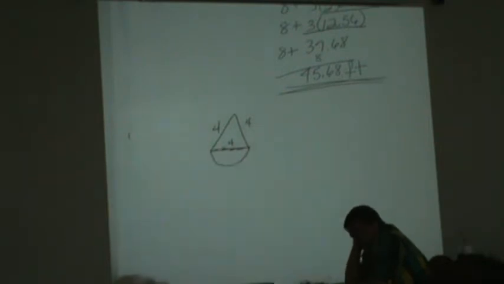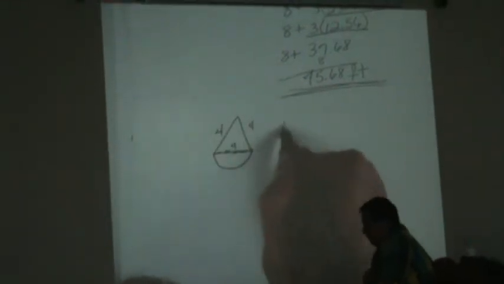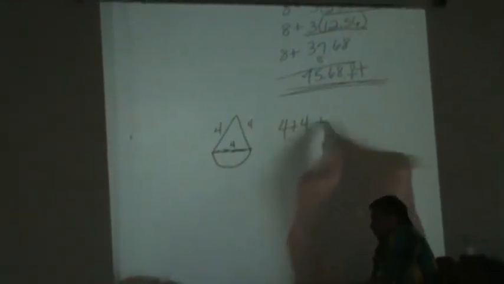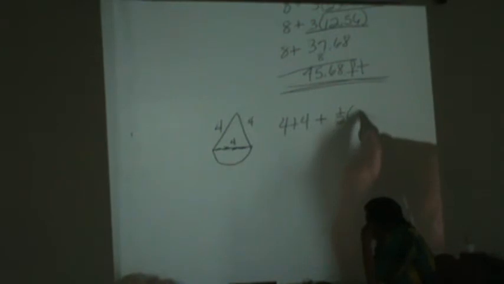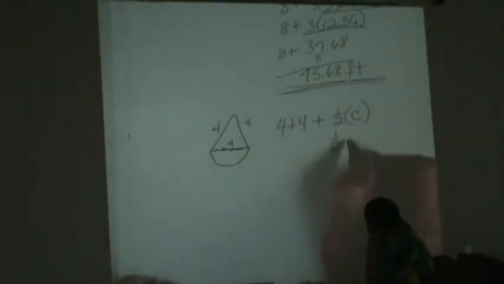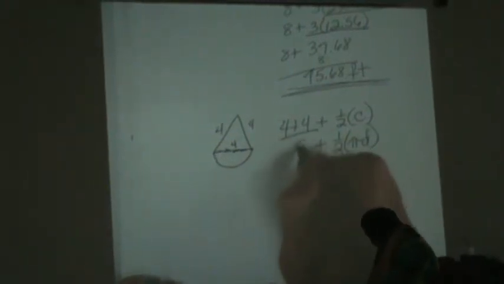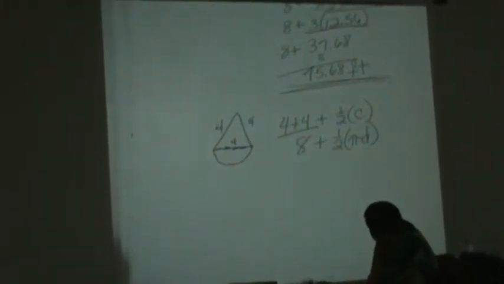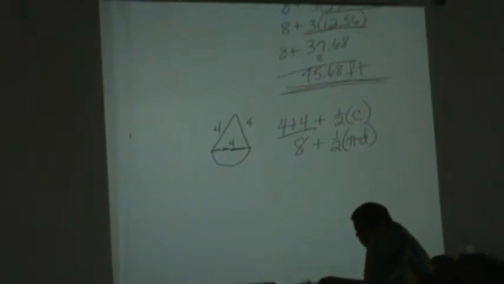Actually, this could be dotted because it's not really part of the perimeter. You don't want to mix it up with the perimeter. Okay, so you're going to have 2 sides that are 4 plus 1/2 of a circumference, right? So you're going to have 1/2 of pi times the diameter plus that 8. And we're not going to finish it. I'm going to let you do that on your homework.